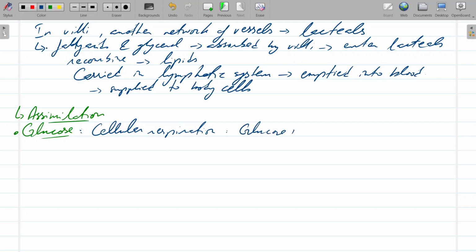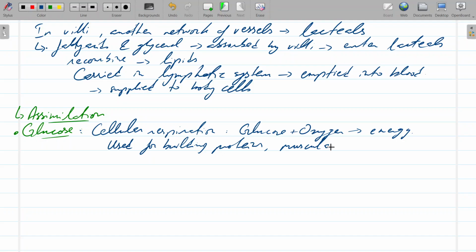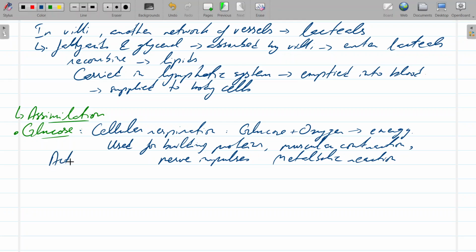So glucose plus oxygen, and that releases energy, and that energy is used for the buildup of materials within the cell, such as proteins, and muscular contraction, and nerve impulses, and other metabolic reactions, obviously, and things like active transport uses energy.